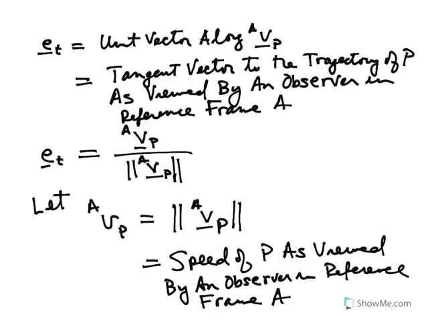Now, what's important to note here is that the speed actually is reference frame dependent. If I change the frame, then the speed changes because the speed is the magnitude of the velocity, and the velocity depends on the reference frame. So even though the speed is a scalar, it doesn't mean that the speed itself doesn't depend on the reference frame. Scalars can actually depend on reference frames, but the rates of change of scalars cannot depend on reference frames.